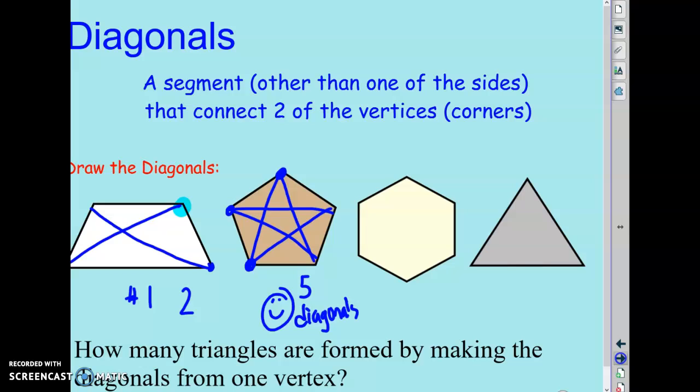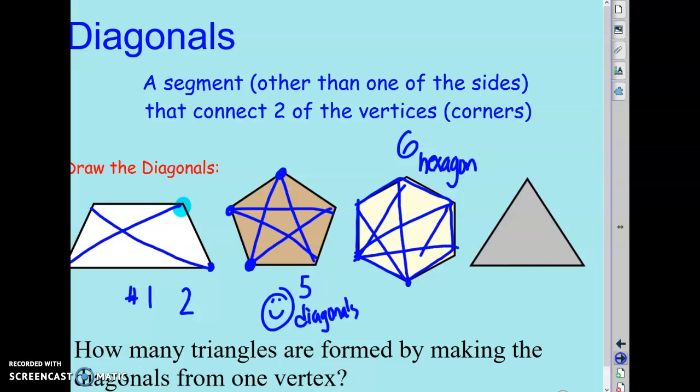And this next shape here, if I count, I've got 1, 2, 3, 4, 5, 6 sides. So it is a hexagon. My diagonals: 1, 2, 3, 4, 5, 6, 7, 8, 9 diagonals on that one. 9 diagonals.